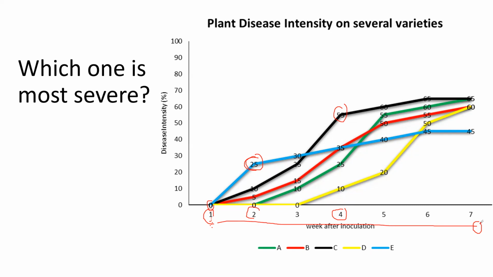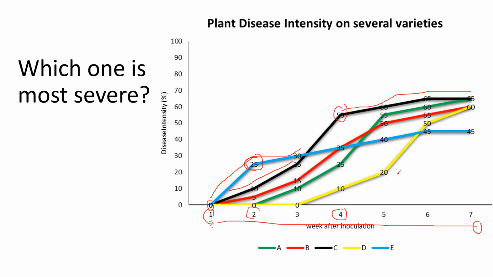Maybe some of you will answer the black one, sir, because it looks highest here, but the others will say the blue one, sir, because from the beginning it has the highest intensity, and the black one is lower than the blue one. So we can answer the question by describing this figure.